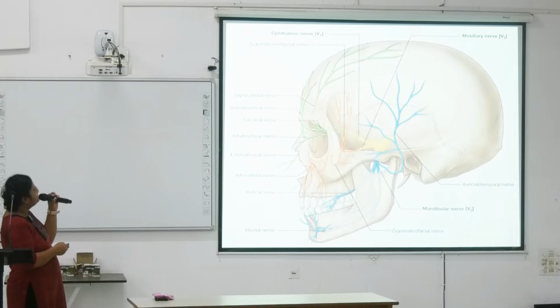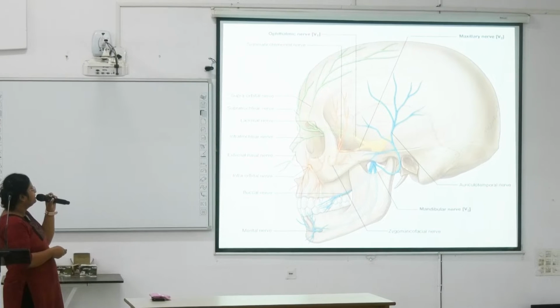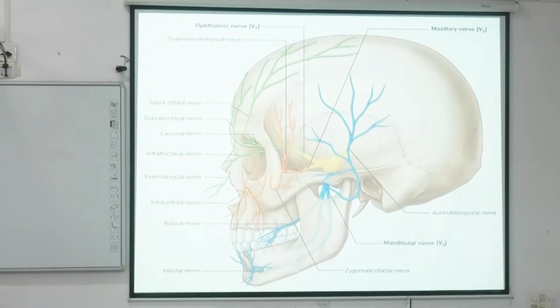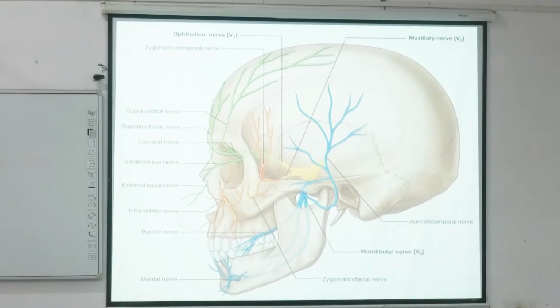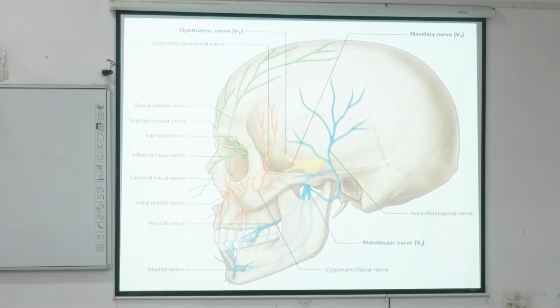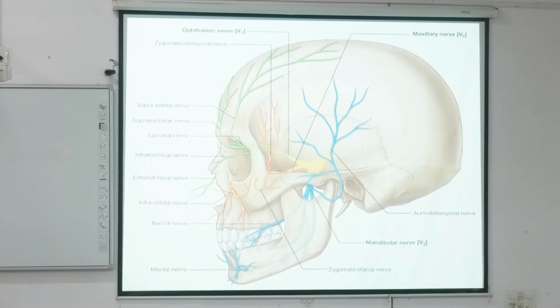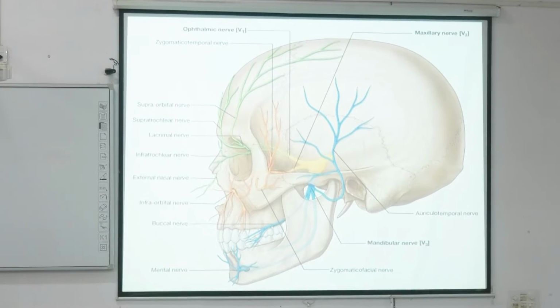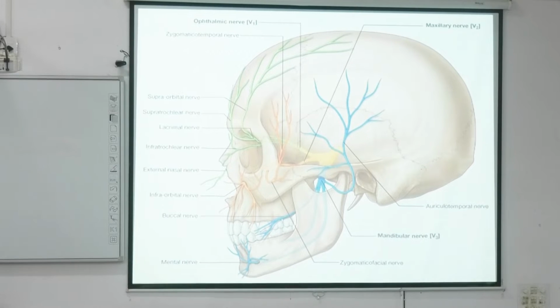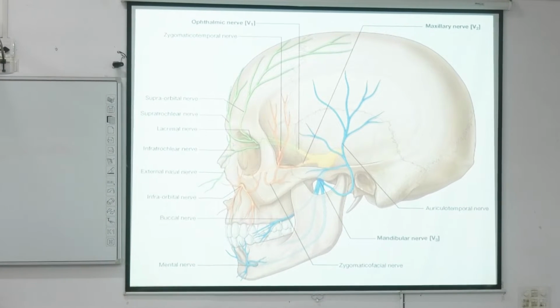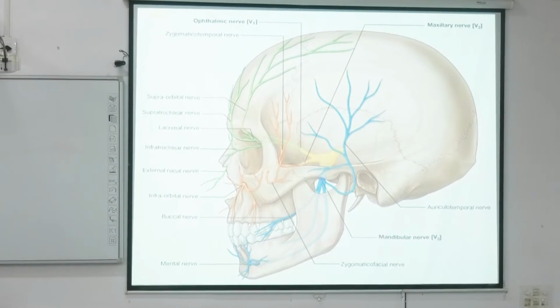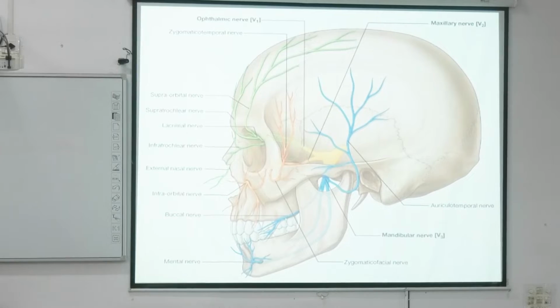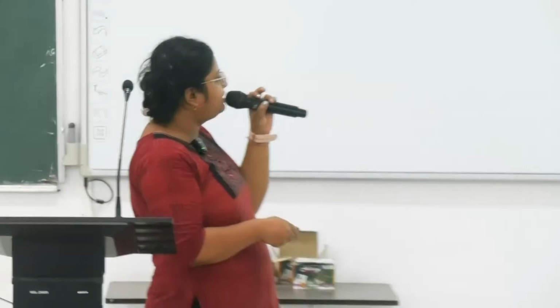These 5 are branches of the ophthalmic division. Then maxillary division: infraorbital, zygomaticotemporal, and zygomaticofacial. Okay, these 3 are divisions of this maxillary division. Here are branches from the mandibular division: buccal and mental. Buccal, mental, and here is the auriculotemporal. These 3 are divisions from the mandibular division.